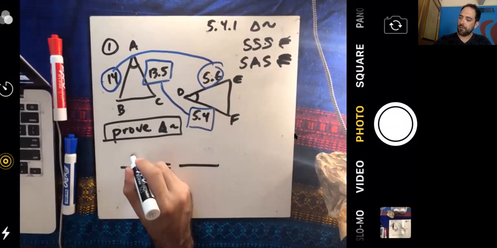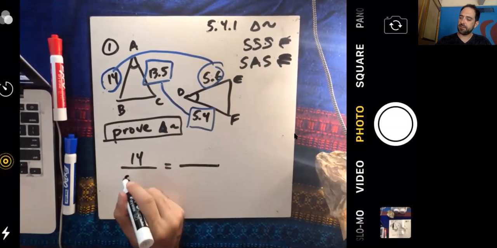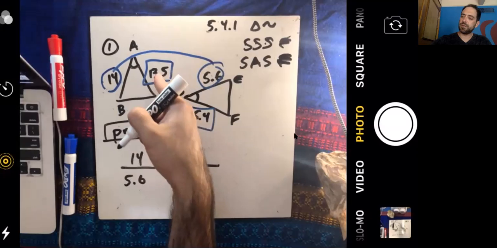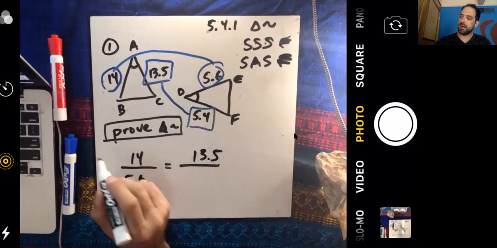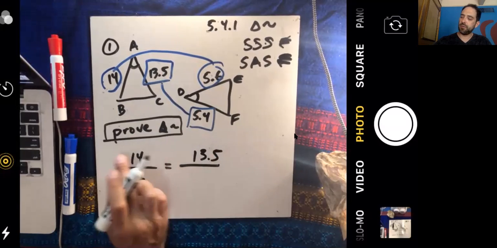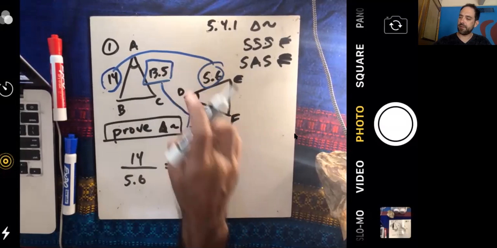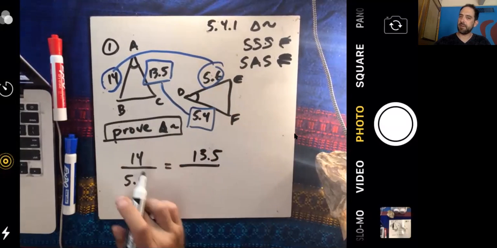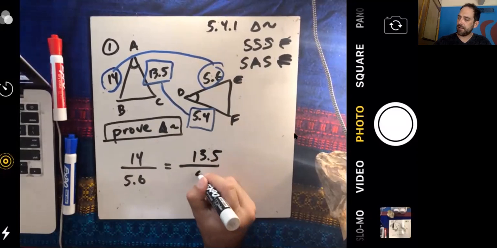I'm going to go 14, which corresponds to 5.6. I'm going to go 13.5, remembering that the same triangle has to be on the numerators or the denominators. So since I put 14 on the top, I have to put 13.5 on the top. Okay, corresponding parts, same triangle. Okay, so here we have 5.4.